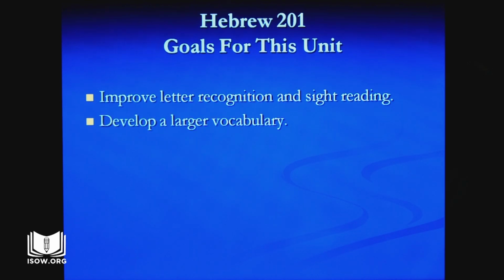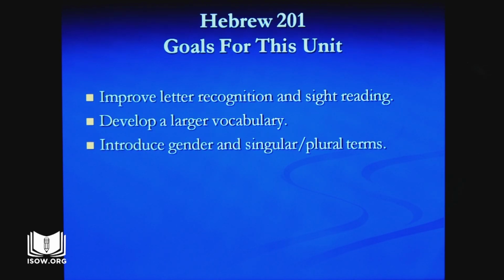We also want to develop a larger vocabulary, and when I say larger, that's a relative term. We have a very small vocabulary if you completed Hebrew 101, but hopefully by the end of Hebrew 201, you're going to know a lot more Hebrew words, relative to what you know right now. In Hebrew 201, we'll also introduce the idea of gender, male and female, which exists in most languages throughout the world, Hebrew included.